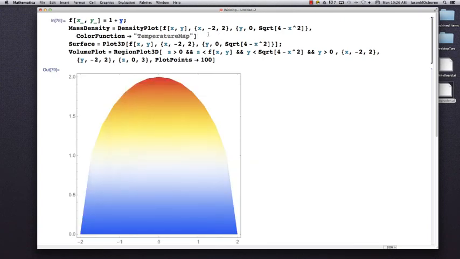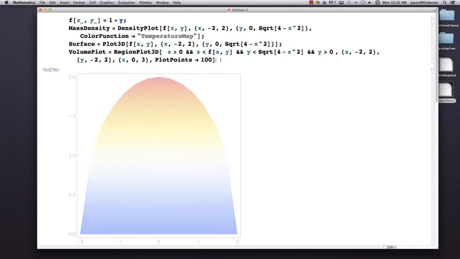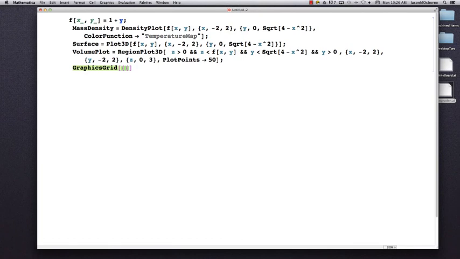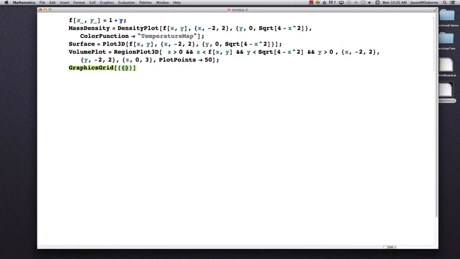In case you're not familiar with this, let's bring all these plots together. If I put semicolons at the end, I get no plot shown. Let me bump this down to 50 so it doesn't take too long. And let's just do a GraphicsGrid. Let's see if this will work. So you put all the plots here: the mass density, surface, and volume plot.